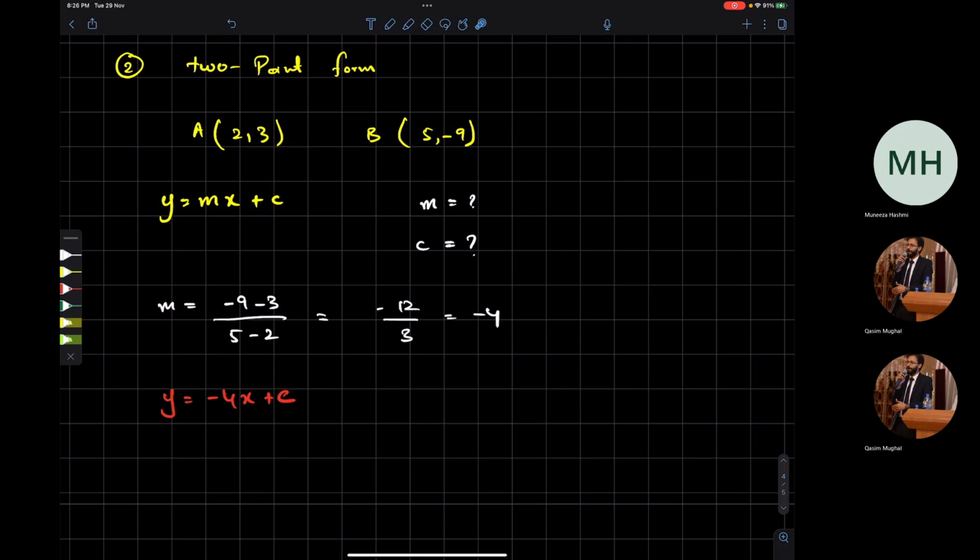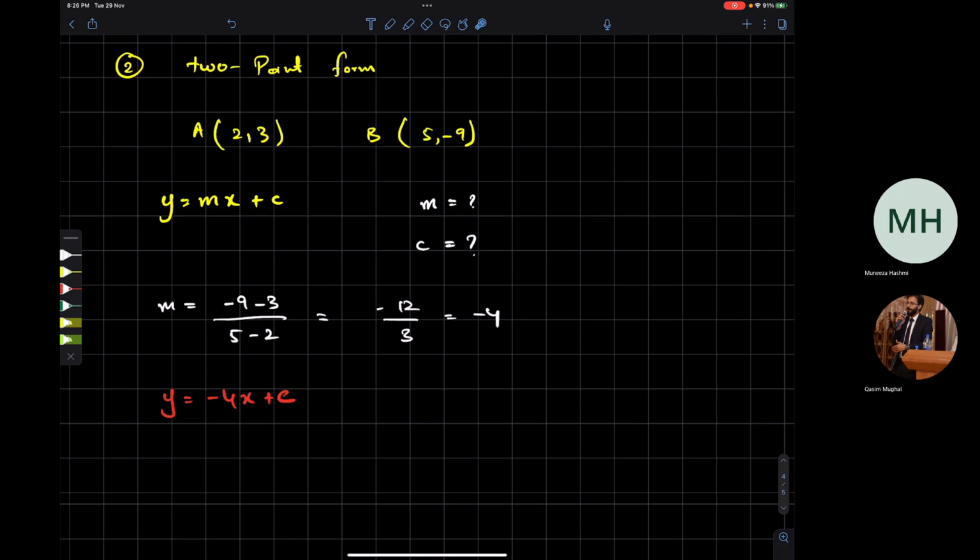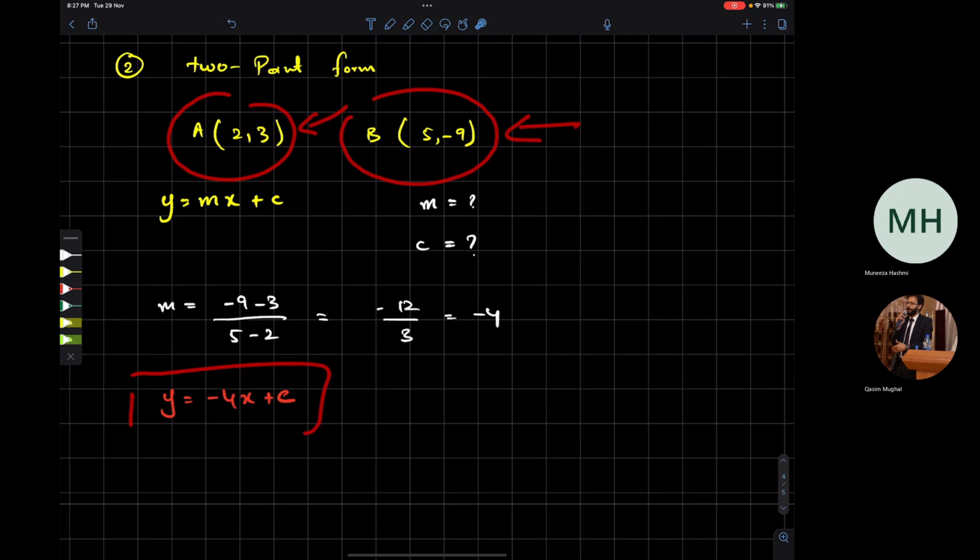Now once you have this, only c is unknown. In order to find c, you know both of these points are on the line whose equation we are trying to find. So now you have a buffer. You can put either of these two points into this.